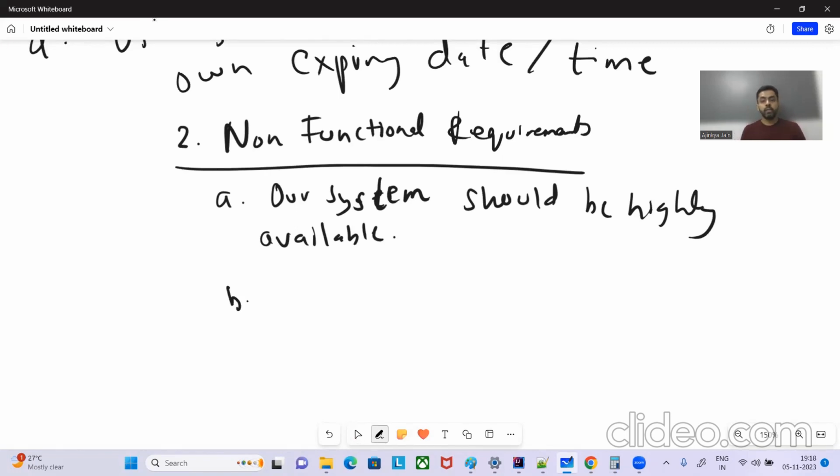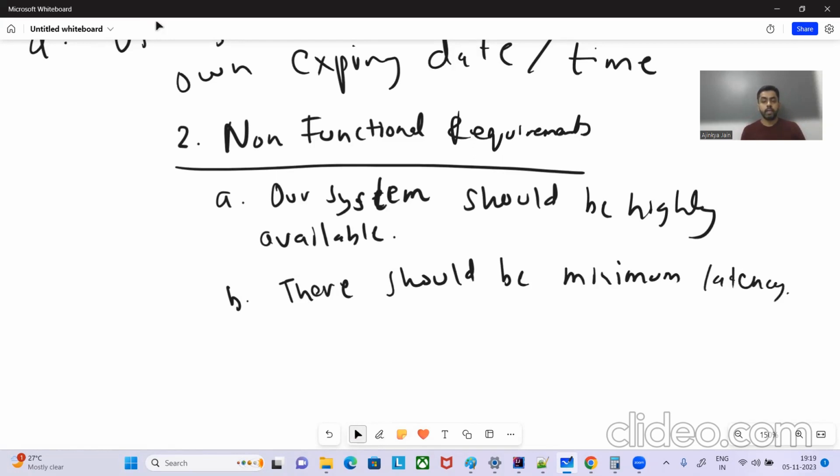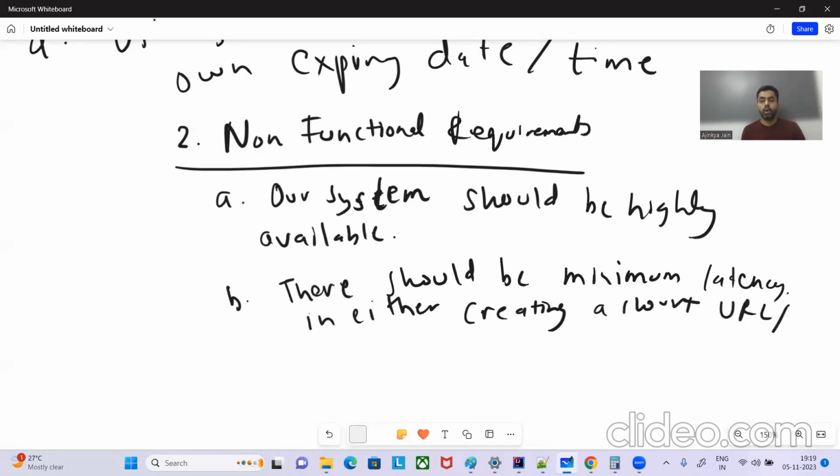The second would be that there should be minimum latency, in either creating a short URL or redirecting to a long URL.